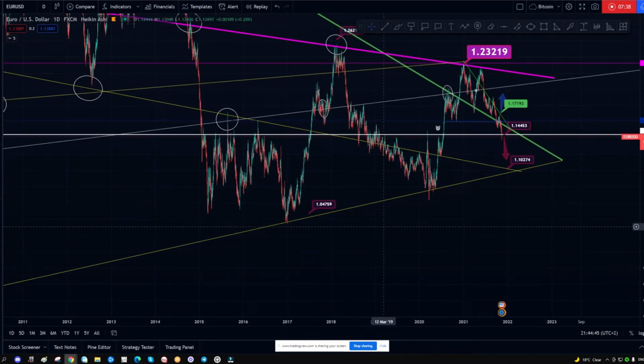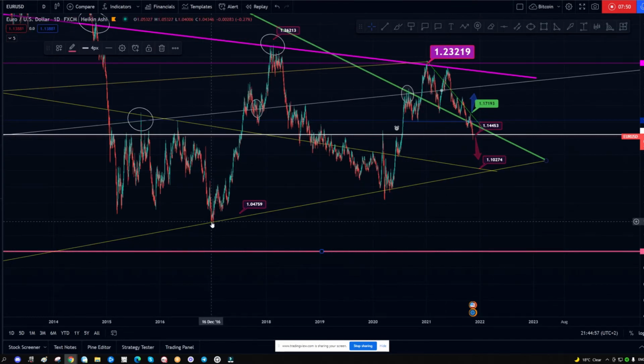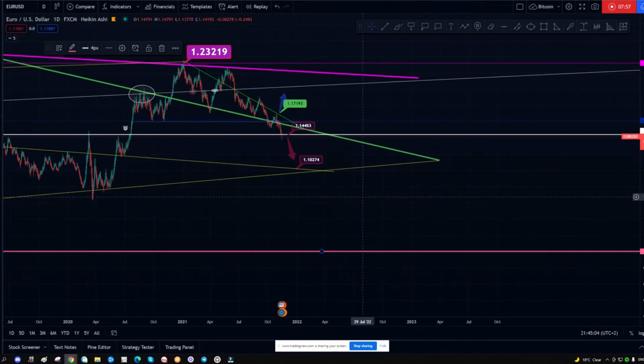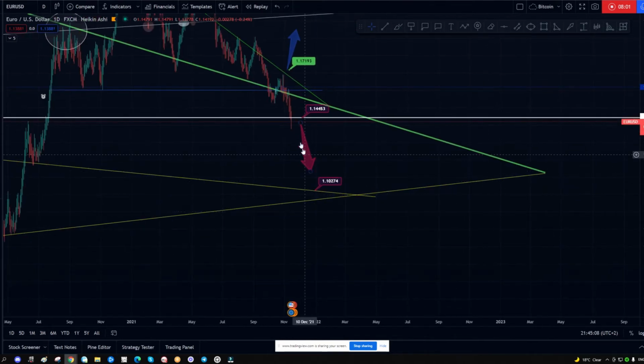What is parity? Parity is this level down here where euro against the dollar is 1. So if it's 1 to 1, that is parity. And the last time we came close was here in 2016 and then in 2020. So from my chart, I can tell you that my expectation is that Euro USD will come down to 1.10, 1.09.